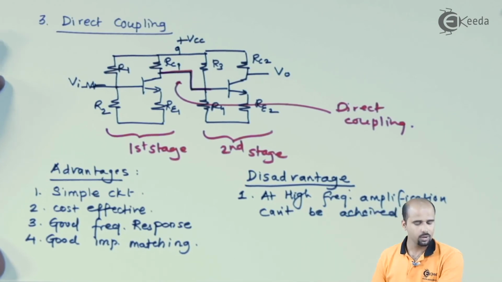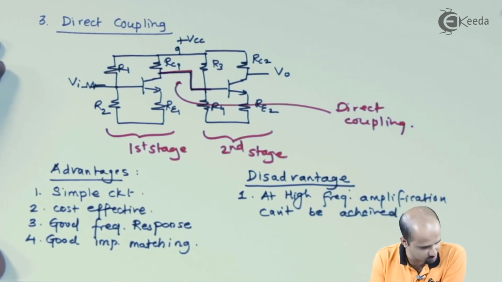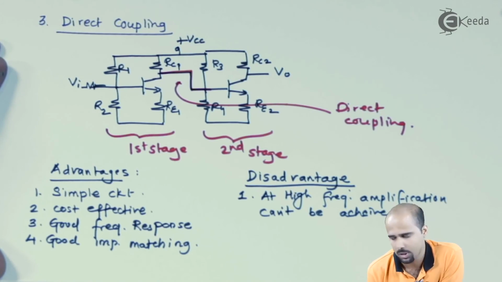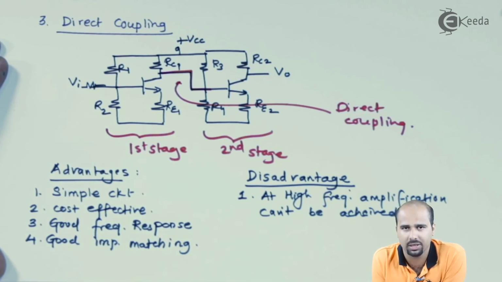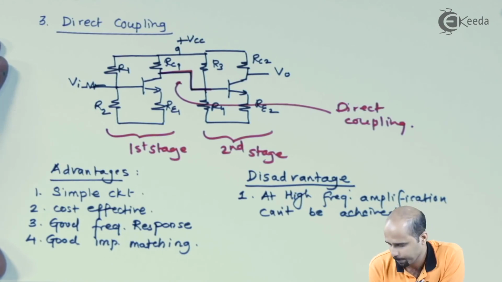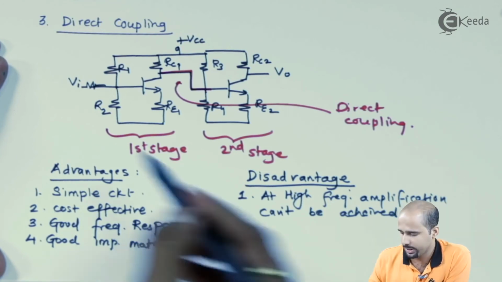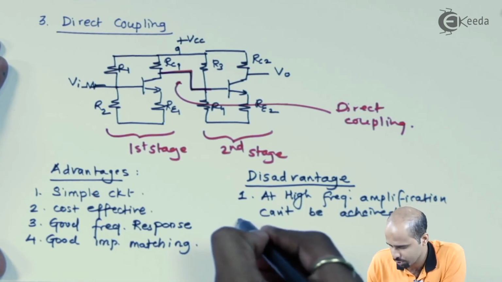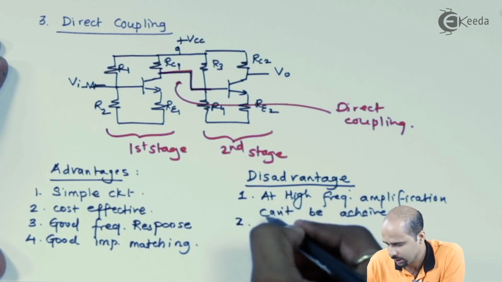Second, efficiency is less. What is efficiency? Whatever we are getting as output and what I am giving as input. If we take the ratio of output to input, that is nothing but your efficiency. That efficiency part in detail we will take in a technical sense in chapter number 4, that is power amplifier also. So stay tuned for that.